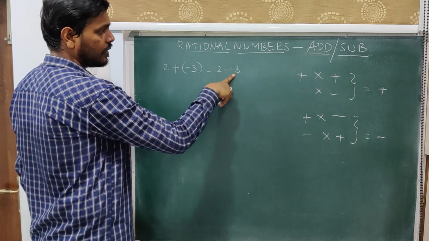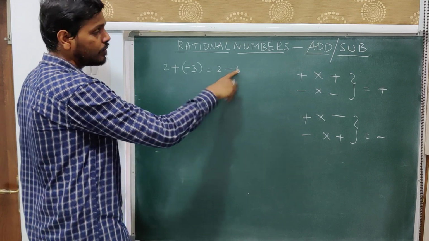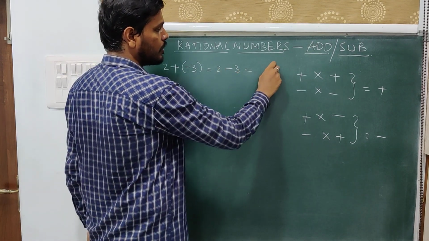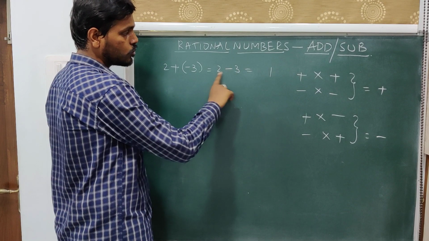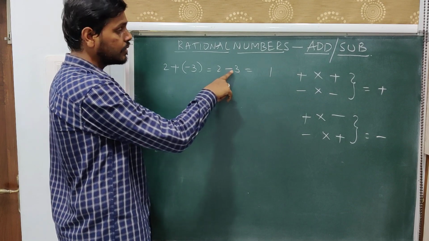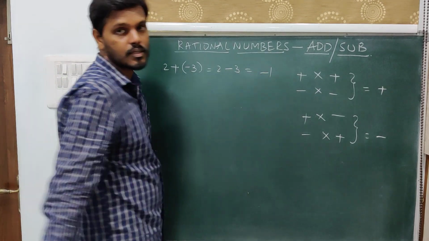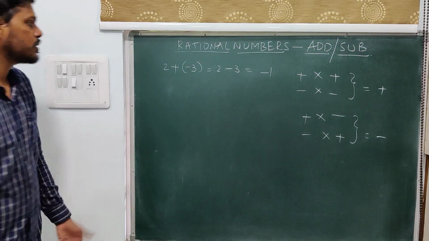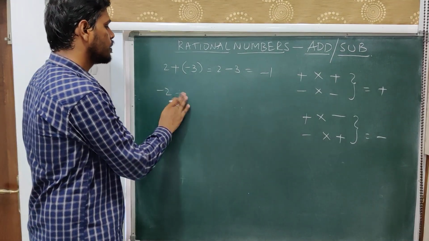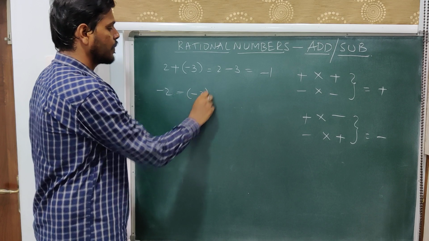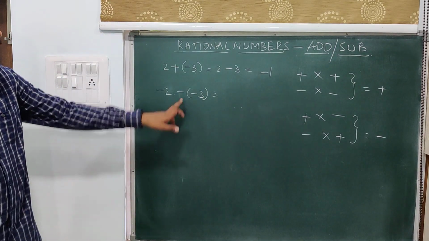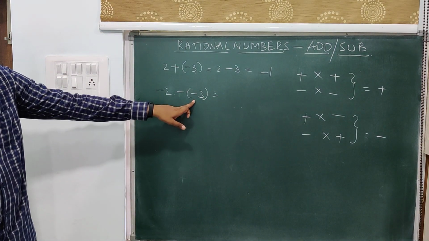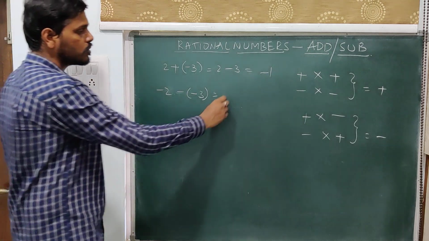Now here the numbers are of different signs, so we subtract. When you subtract 3 and 2, you will get 1. Now out of these two numbers, the biggest number is 3, the sign is minus, so keep a minus sign. So this is minus 1. But suppose this is the case. Now minus into minus, you are multiplying numbers of the same sign, so you will get a positive sign.